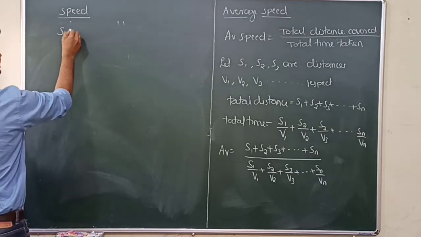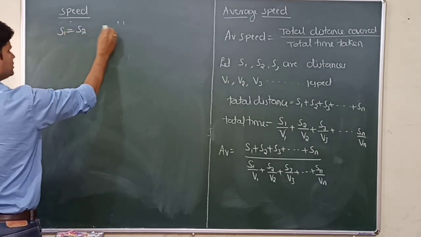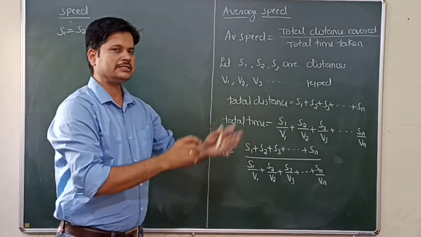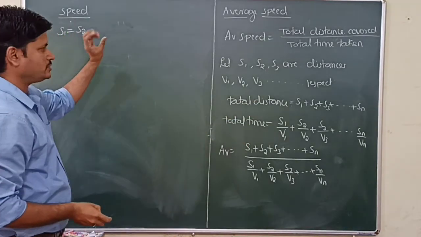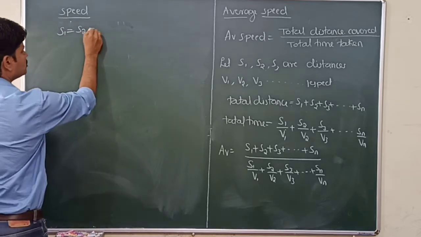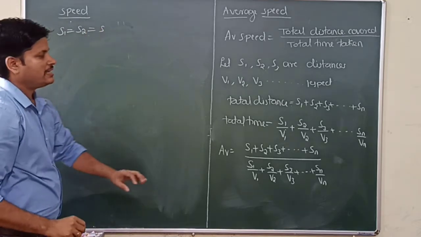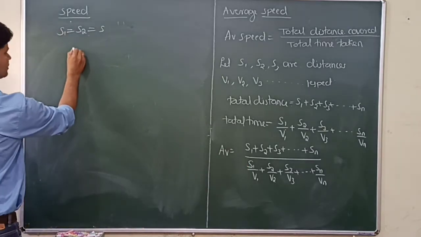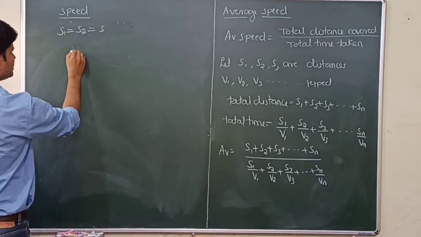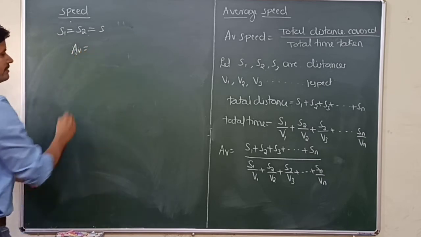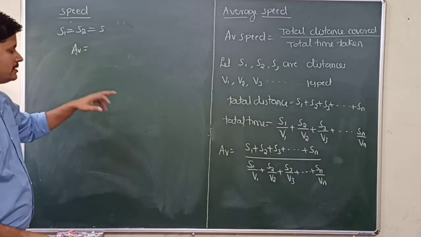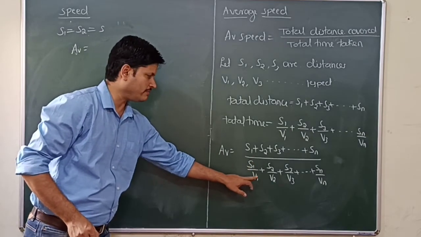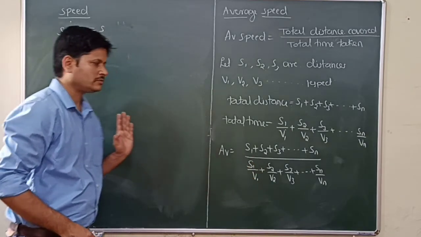If this S1 is equal to S2, the object is covering the two distances S1 and S2, and both are equal to S. Then what should this equation be? The average speed of that object is S1 plus S2 divided by S1 divided by V1 plus S2 divided by V2.